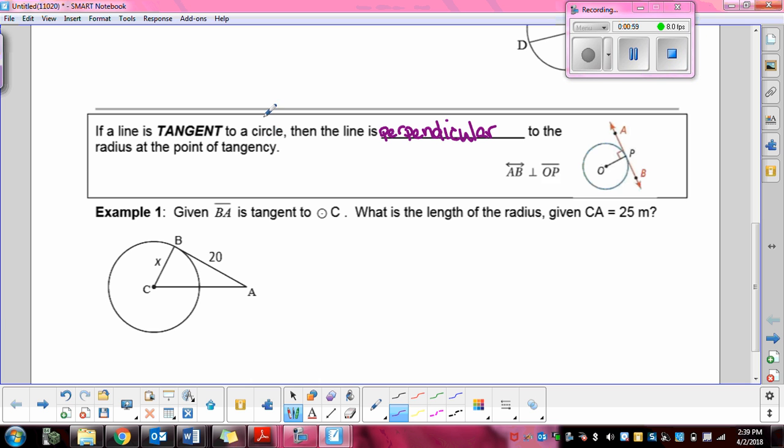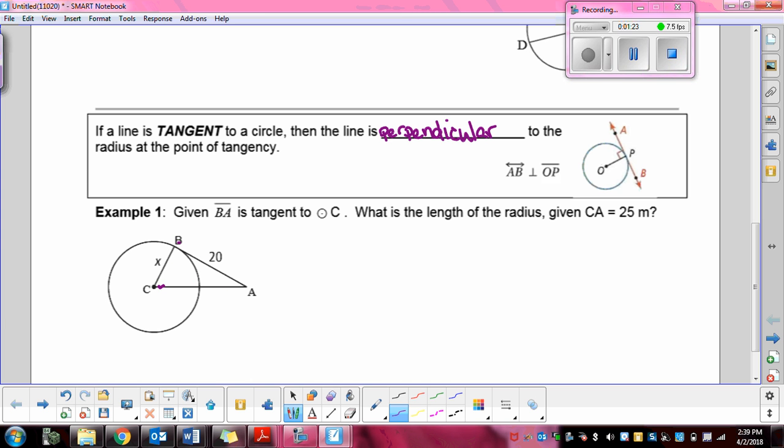So it says given BA is tangent to circle C. That is very important that they give us this. BA is my line segment and it's tangent to my circle C, and we name our circle with the center. What is the length of the radius? So what is this? Given C to A is 25.